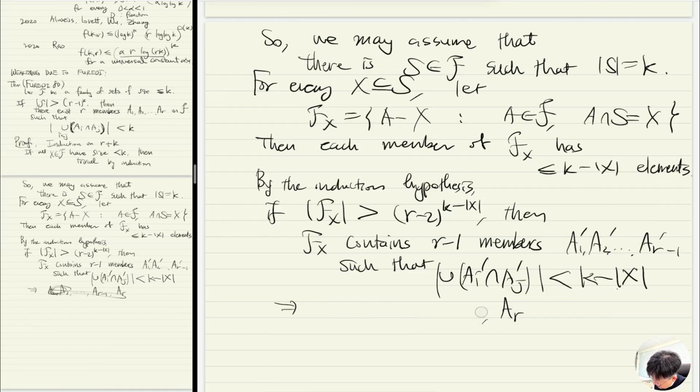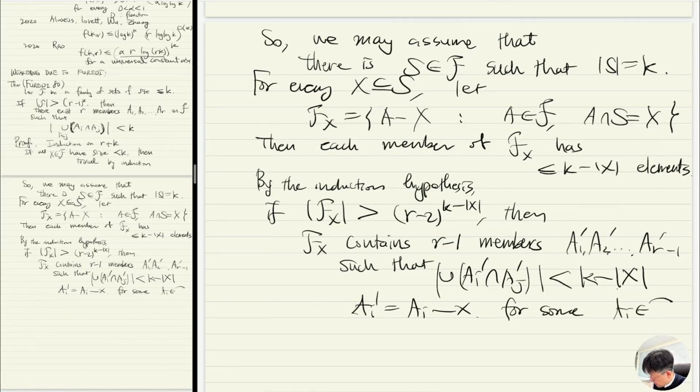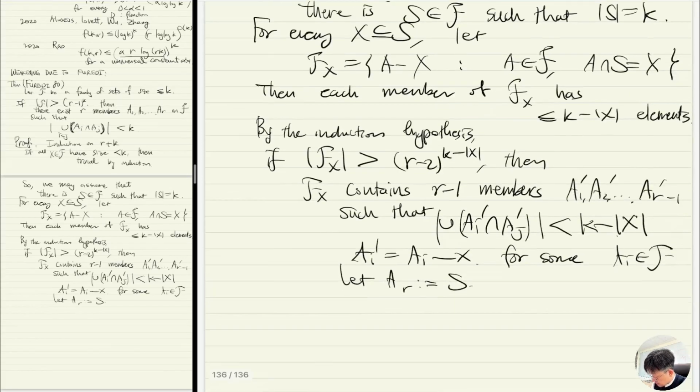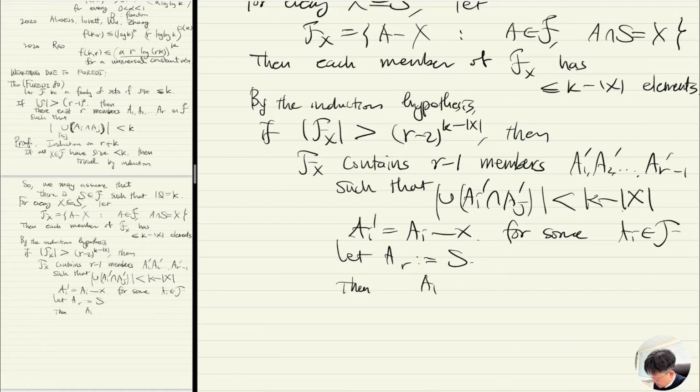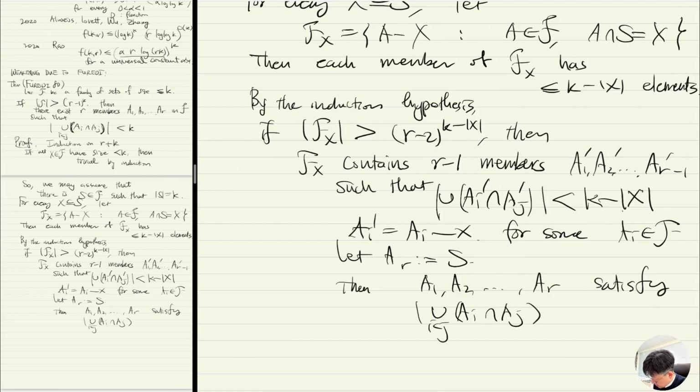So remember, A_i prime is A_i minus X, for some A_i in F, and let A_r be S. Then A1, A2, ..., Ar satisfies that the union of the pairwise intersections is less than k, because now the intersection will include X, right?